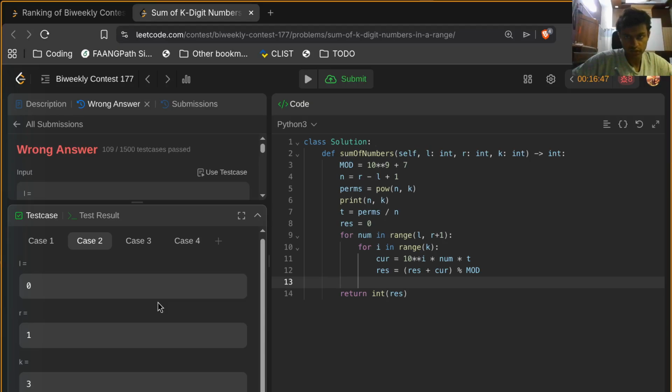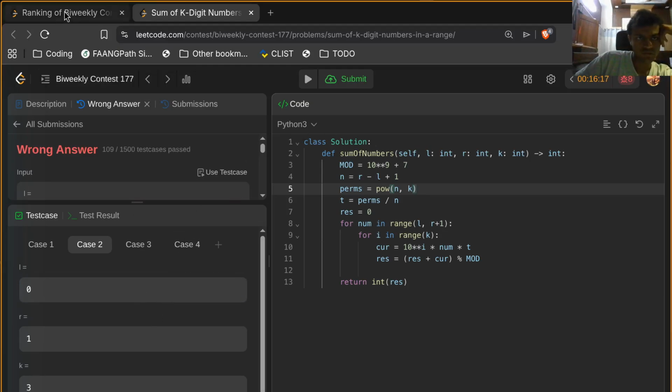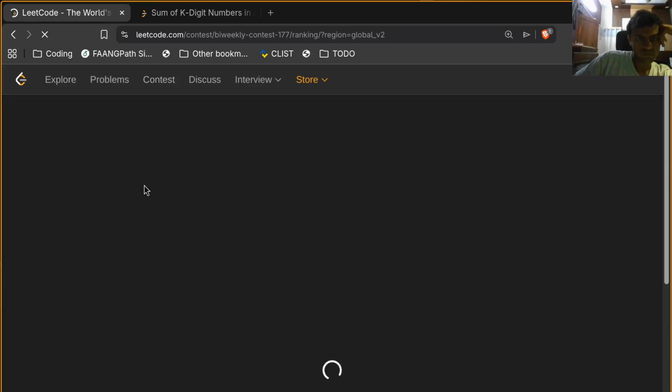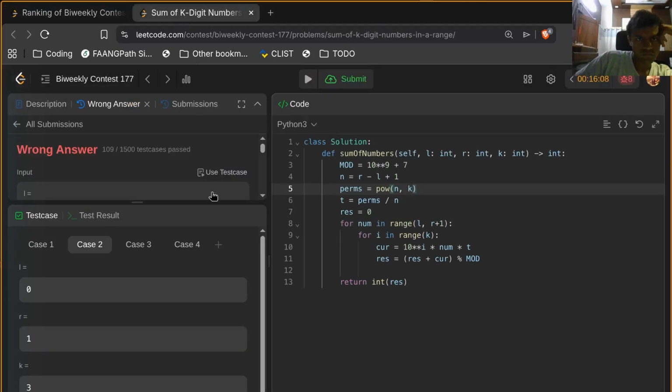K is equal to number of digits. So it should be power of 2 comma 3, 8, which is right. 8 divided by 2, which is correct. For in range Q. Seems fine. Don't see why this is an issue. Why is that an issue?